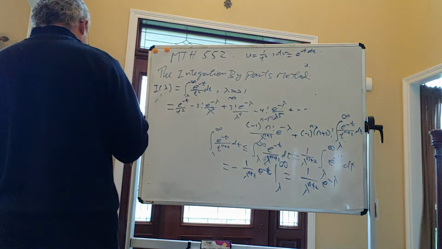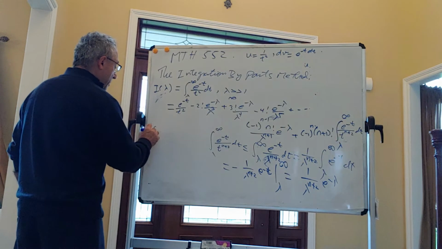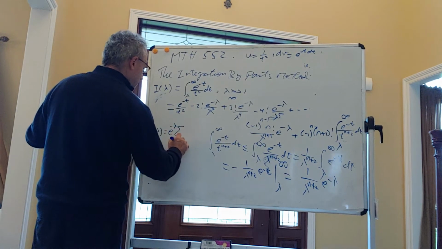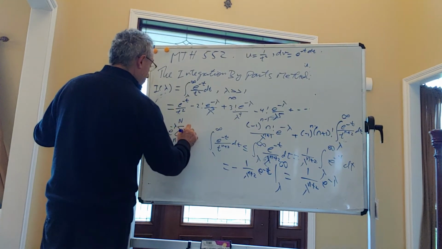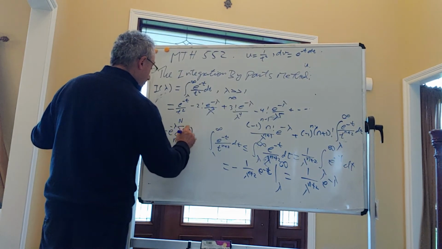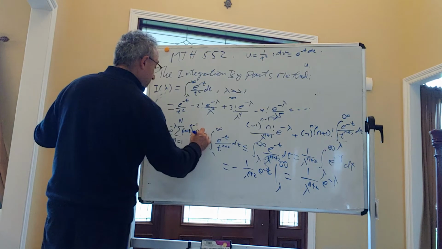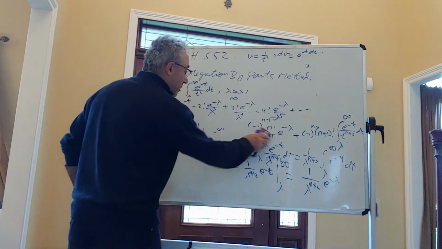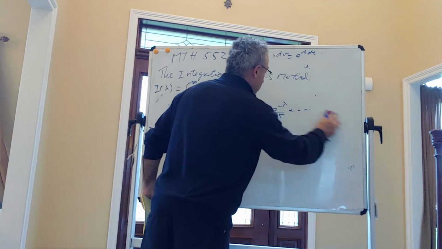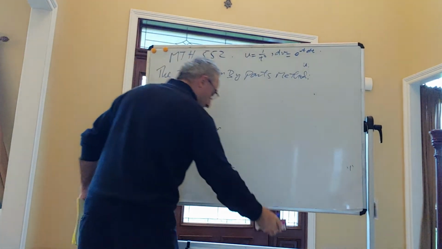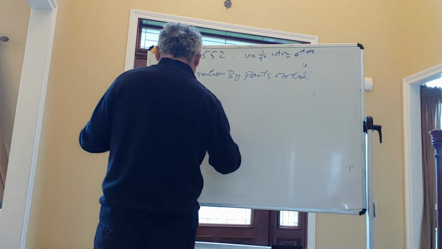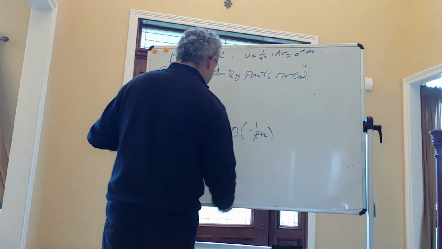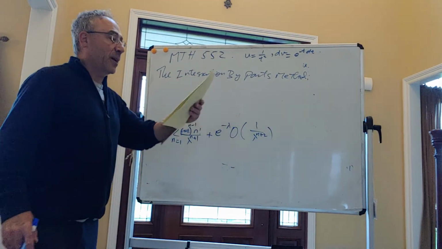If we look at I of lambda, it's going to be equal to e to the minus lambda times the sum from n equals 1 to big N of minus 1 to the power n minus 1 times n factorial over lambda to the power n plus 1, plus e to the minus lambda times big O of 1 over lambda to the n plus 2. So this is your approximation for the integral I mentioned before.